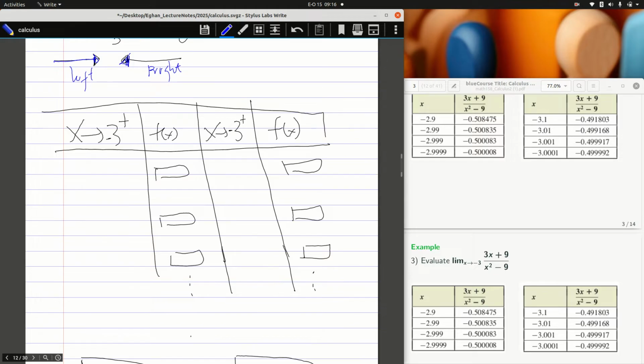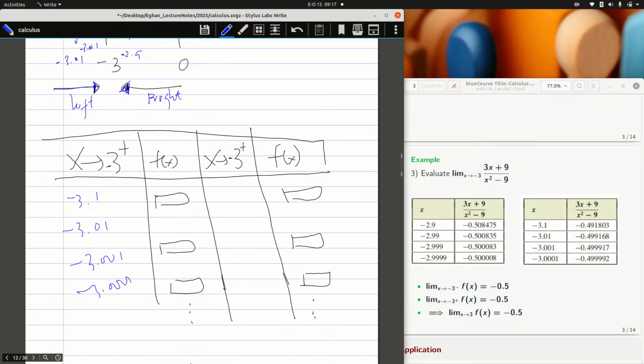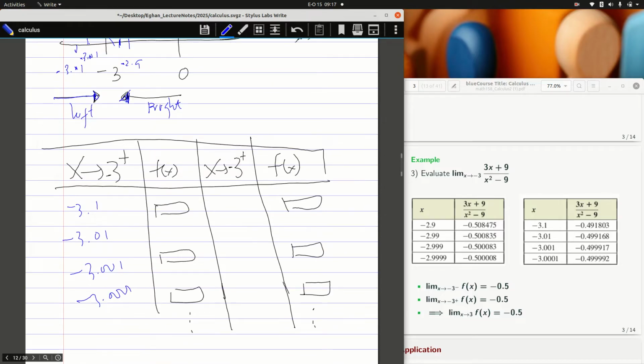From the left side of it, I can have negative 3.1, negative 3.01, negative 3.001, negative 3.0001. Oh, I think I've made a mistake. From the right side, I have negative 2.9, negative 2.99, negative 2.999.